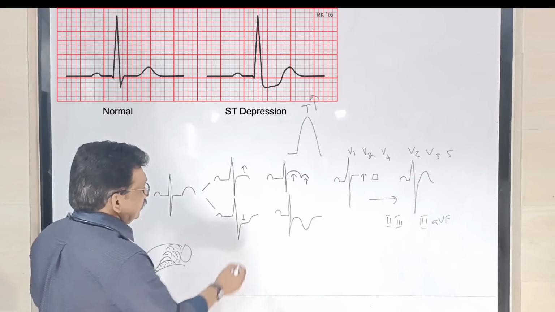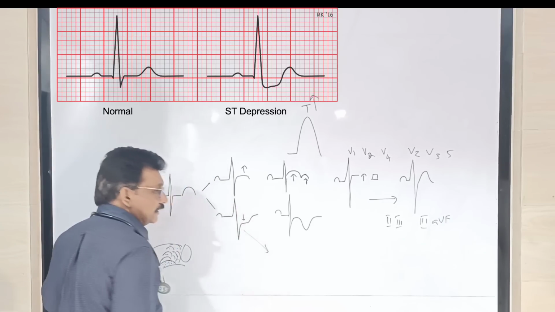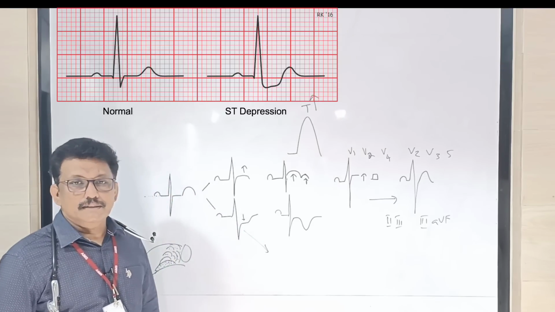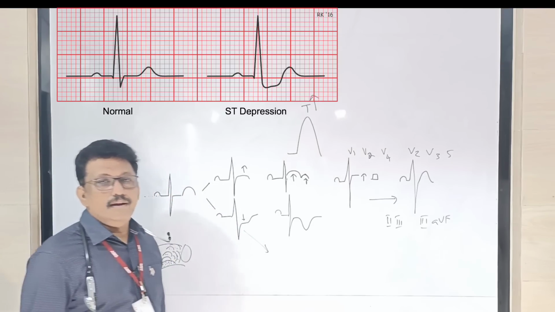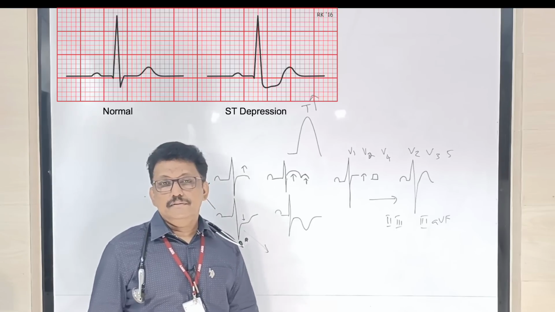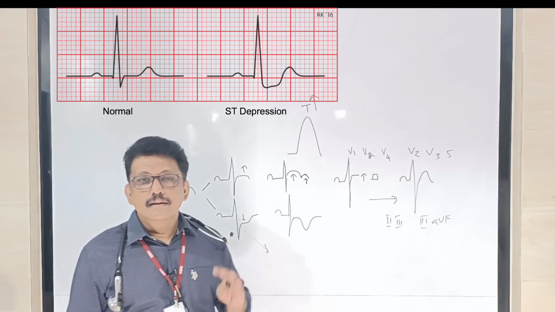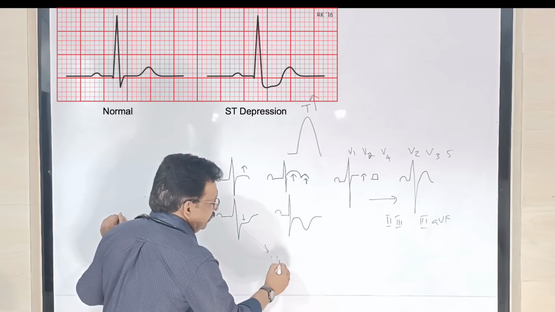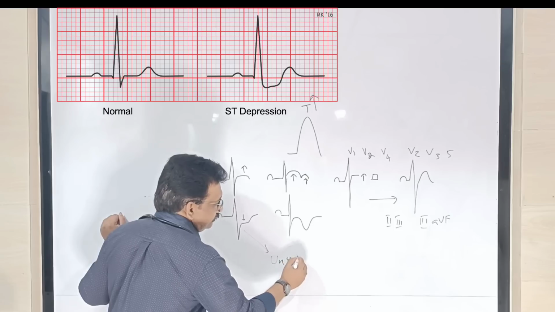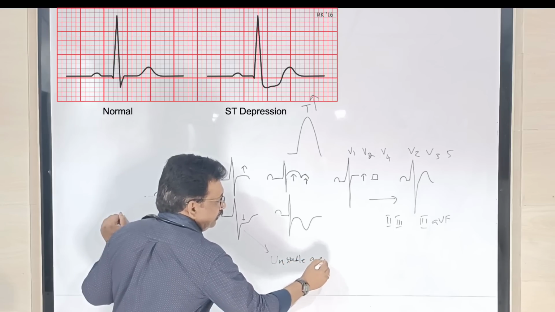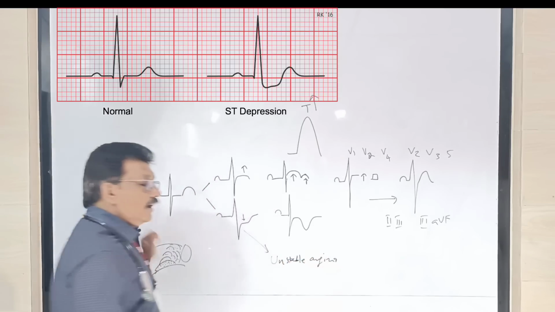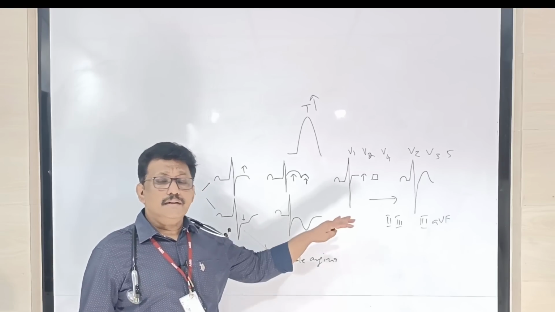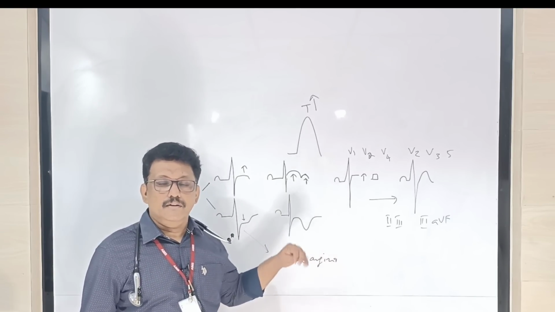But in some patients, as we have discussed, ST depression can be there. Somebody comes with severe chest pain, the ECG shows ST depression, and when we ask for cardiac enzymes, they are negative. So troponin I is not elevated, CKMB is not elevated, then it is mostly unstable angina. So ST elevation indicates acute myocardial infarction. There are differential diagnoses for that, which we'll be discussing afterwards.